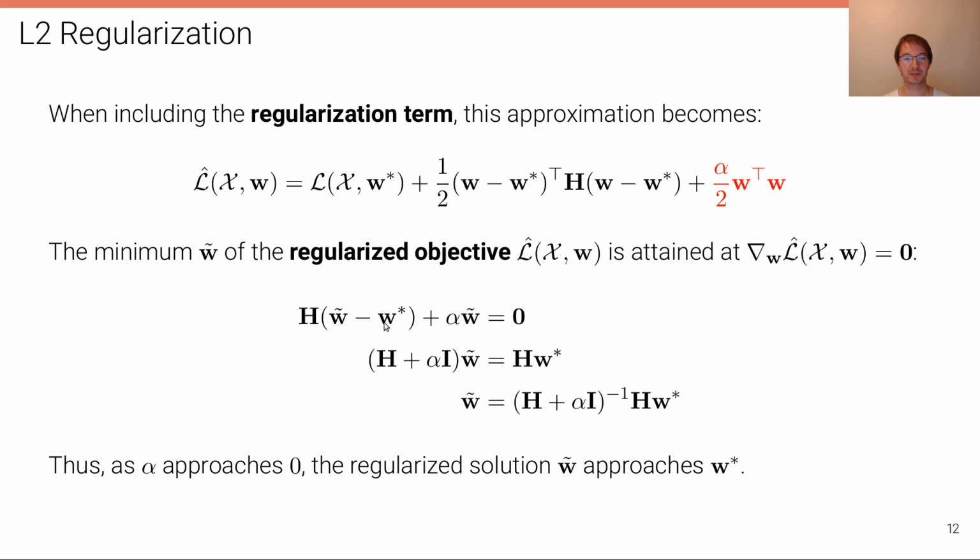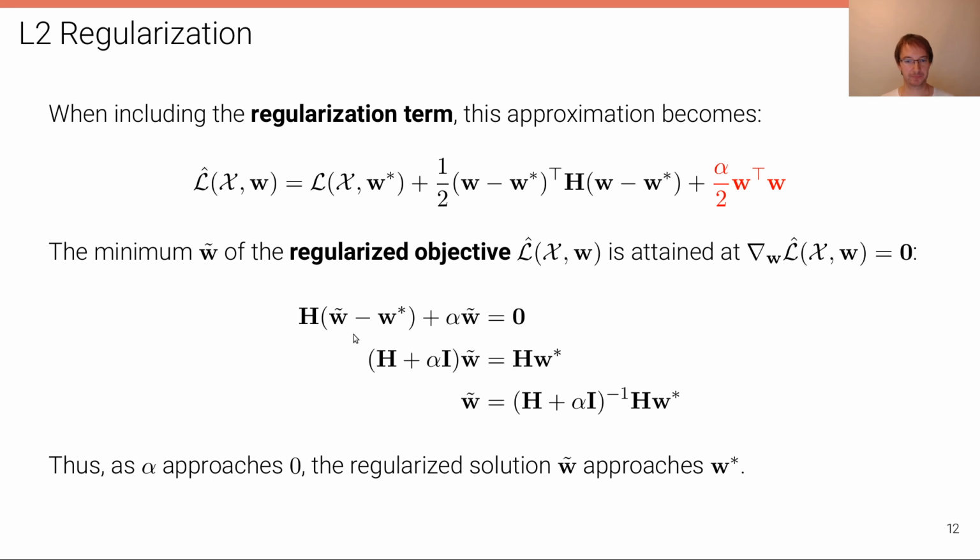So it's H times W tilde minus W star. This is just linear algebra, the gradient of this expression. Plus alpha W tilde, because the derivative of the quadratic term is a linear term. This is the second expression here.